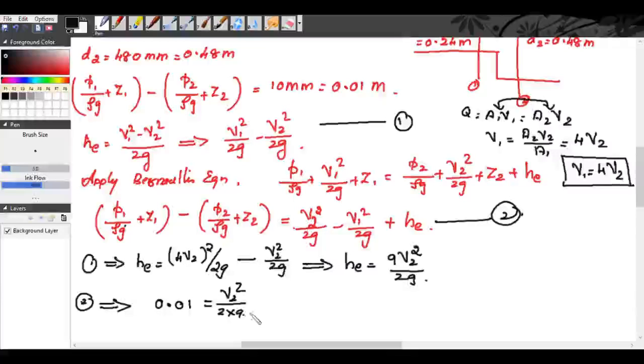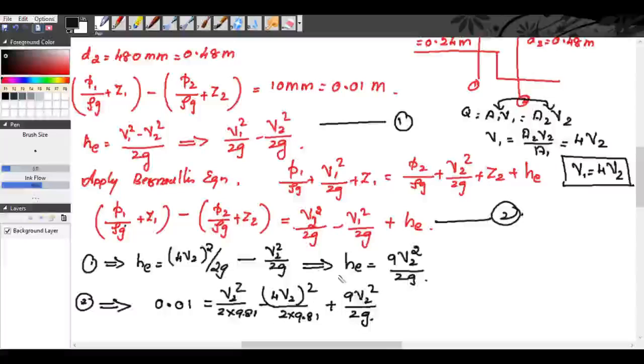where g is 9.81, minus V1, and V1 is 4 times V2, so 4 times V2 the whole square by 2 into 9.81, plus He, which we have already obtained as 9V2 square by 2g.